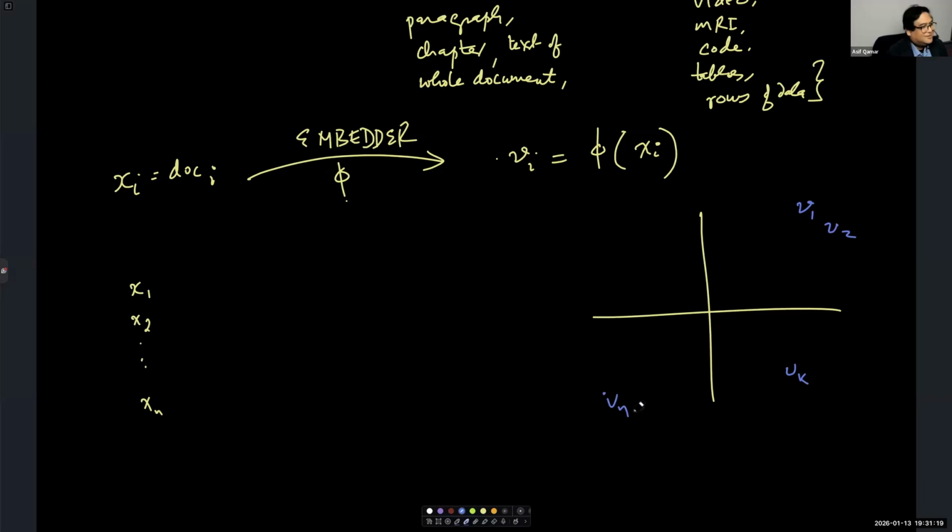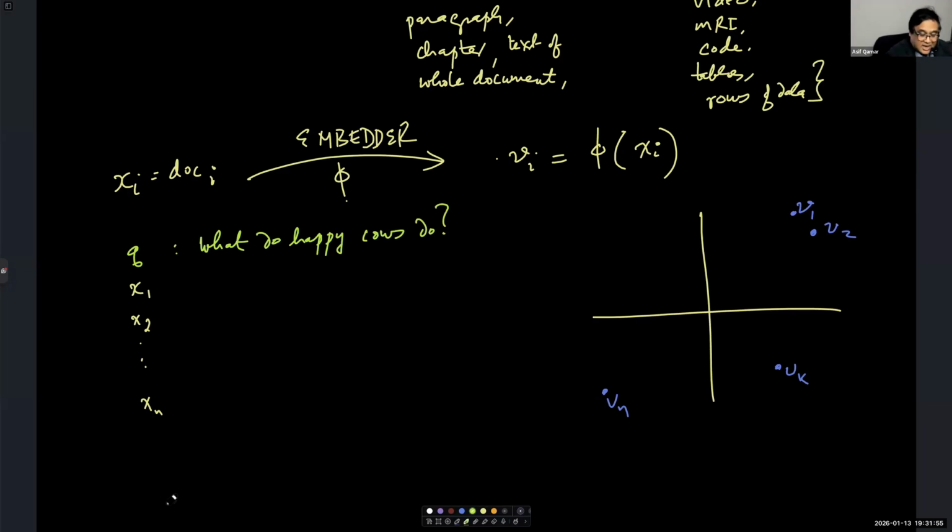vn, isn't that so? Let's say the proximity of 2 points, what is it implying? In a semantic system, what is it implying? A language model will put 2 points together when? If they are semantically similar. So let us say that I have a query, a new query comes, Q comes, what do happy cows do?